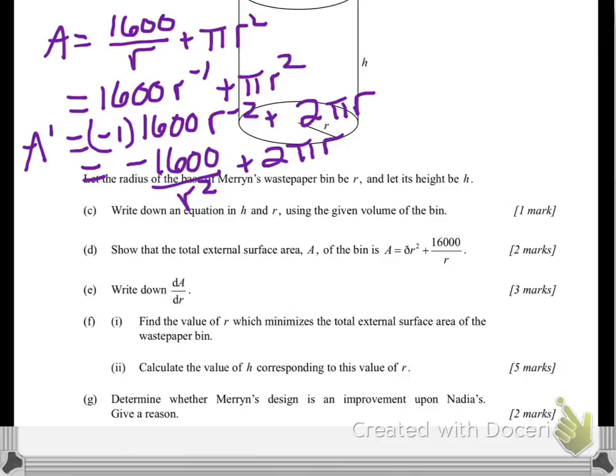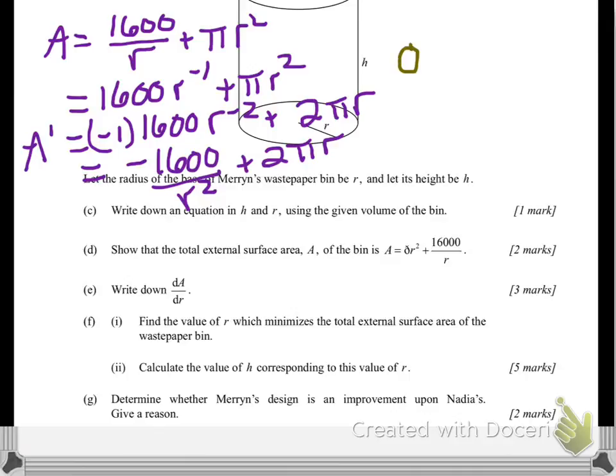Now F says find the value of r which minimizes the total external surface area here. All right, so I need to go to another color because I'm running out of space here. If I want to minimize, remember I need to find a stationary point. At stationary points, the slope of the tangent line is 0, so I need to set this equal to 0.